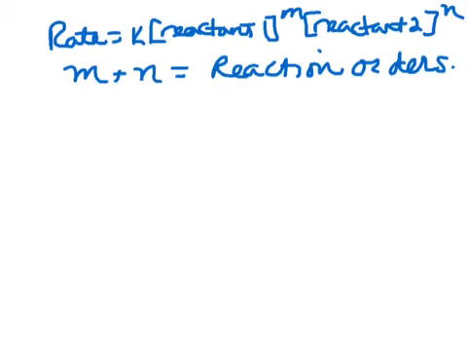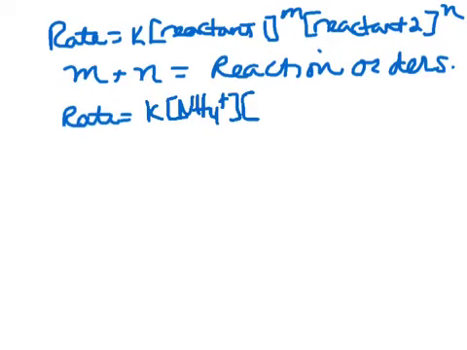We said that the rate law for the previous example was rate equals k times the concentration of the ammonium times the concentration of the nitrite ion.